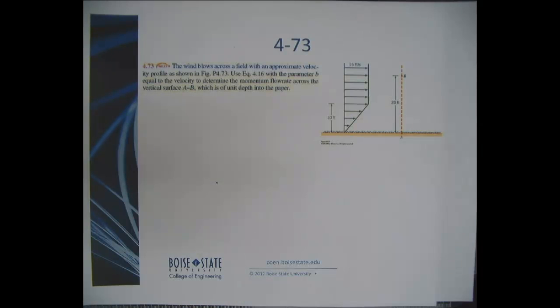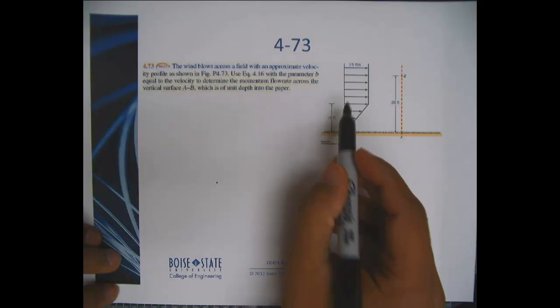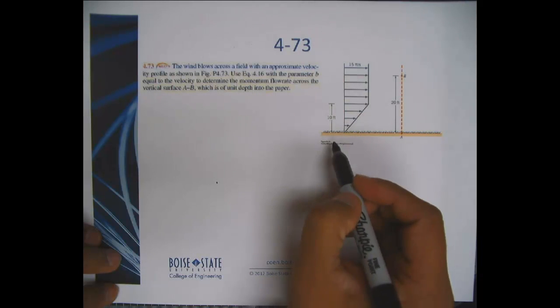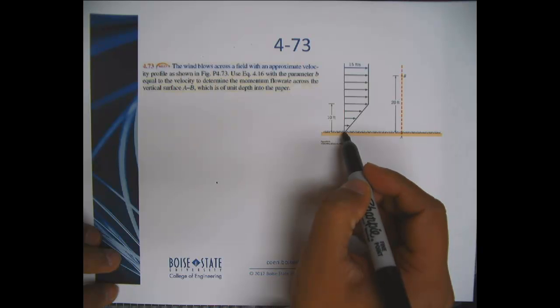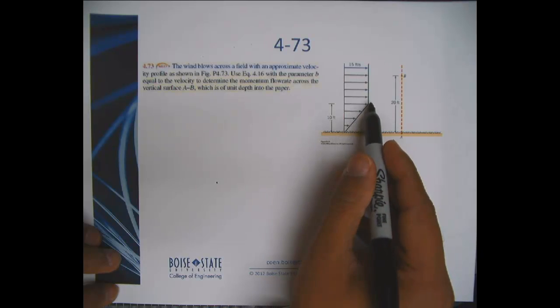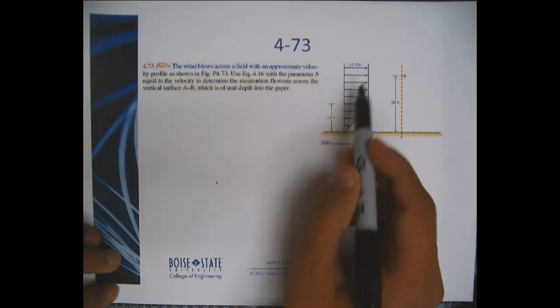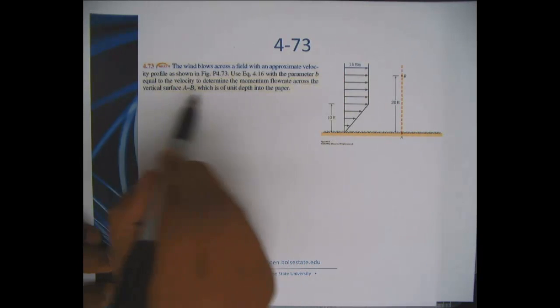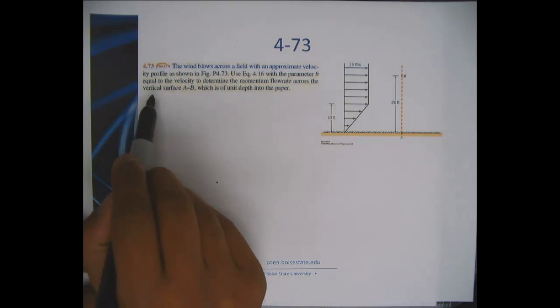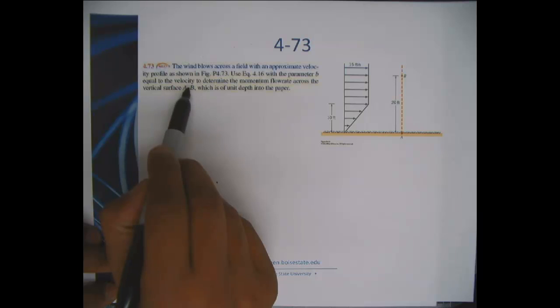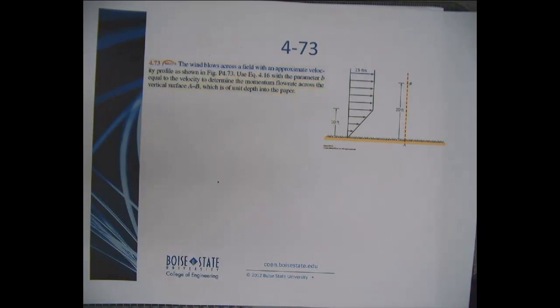Now let's look at another problem. The wind blows across a field, which is shown here, with an approximate velocity profile. See that it is 0 at the wall or at the grass here, gradually linearly increases, and it's about 15 feet per second all the way across from 10 to 20 feet. With the parameter b equal to the velocity in equation 4.16, and I'll quickly write that here.